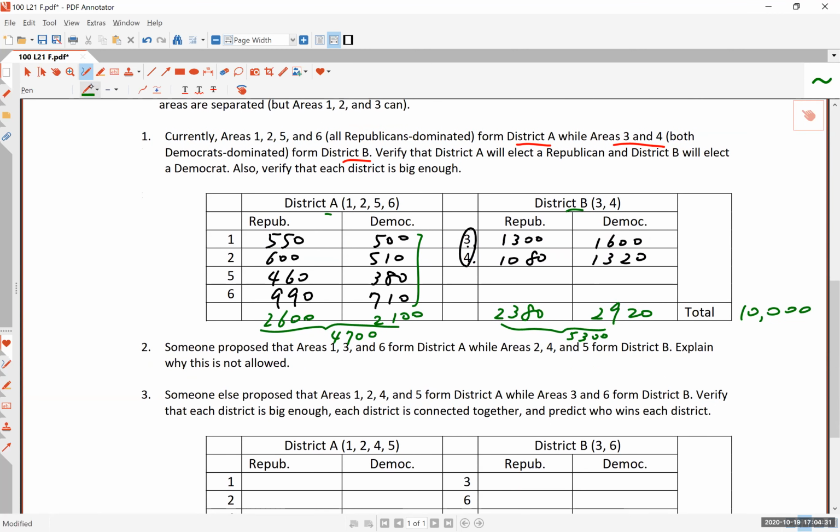Now, if everybody votes as they register, along the party line, so in District A, you clearly have 2,600 versus 2,100.